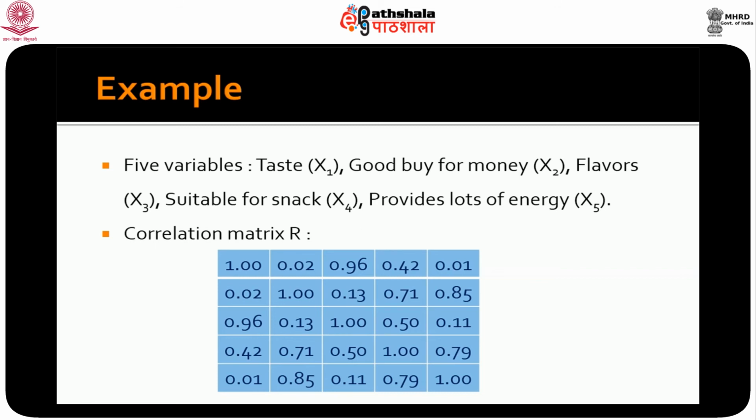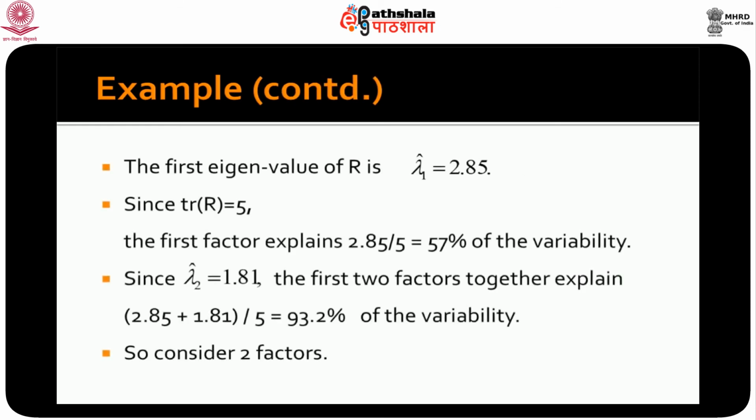Mind you, in this case we are not doing a factor analysis using the dispersion matrix or the sample variance covariance matrix. We can always standardize the variables and do it on the correlation matrix, which we are going to do here. If you find the eigenvalues of this matrix, let's call this matrix R, the sample correlation matrix, which estimates the population correlation matrix, it leads to the first lambda 1 hat value as 2.85.